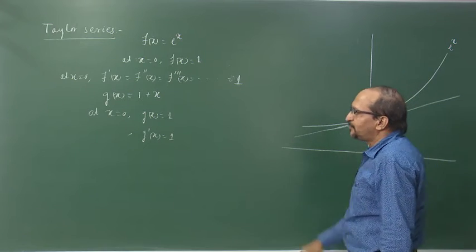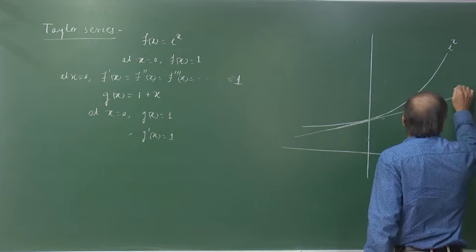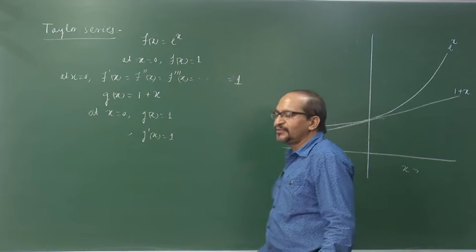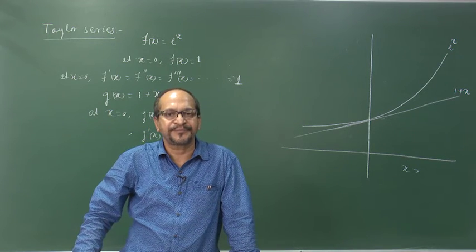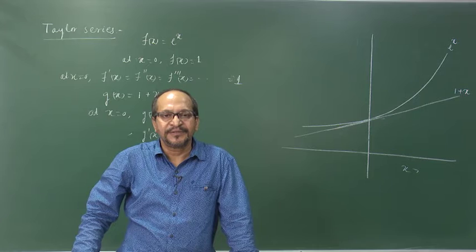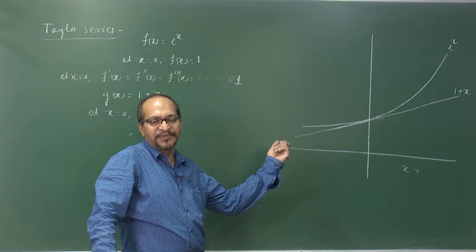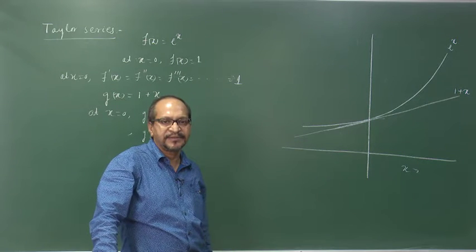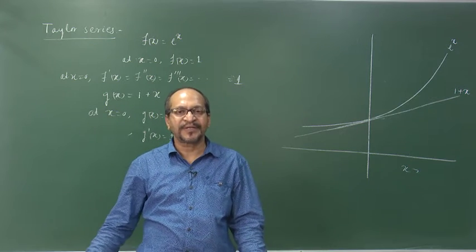This linear polynomial 1 plus x is only a tangent at x is equal to 0 to the curve e to the power x. So the overlapping of this linear polynomial with e to the power x is only at one point. So obviously, the difference is quite large.